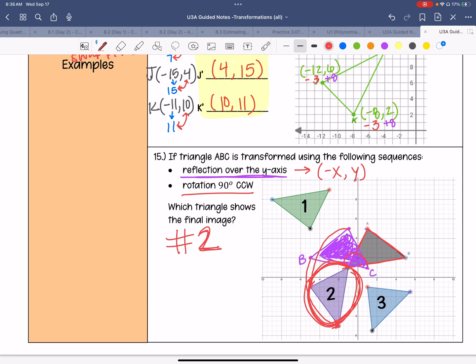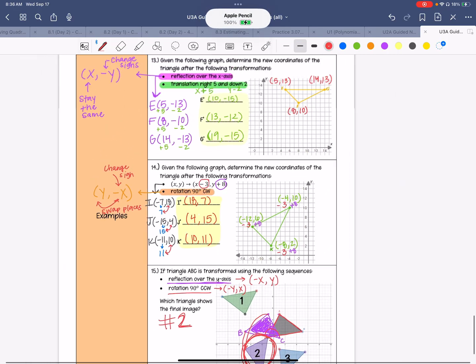And then from there, if you want to rotate 90 degrees counterclockwise, then you are going to change the sign of y and it's going to swap places with x. So if you wanted to, you can use your ordered pair rules as well. But if you can use the picture, sometimes it might be a little bit easier to do that as well. And that is our sequence of transformations.